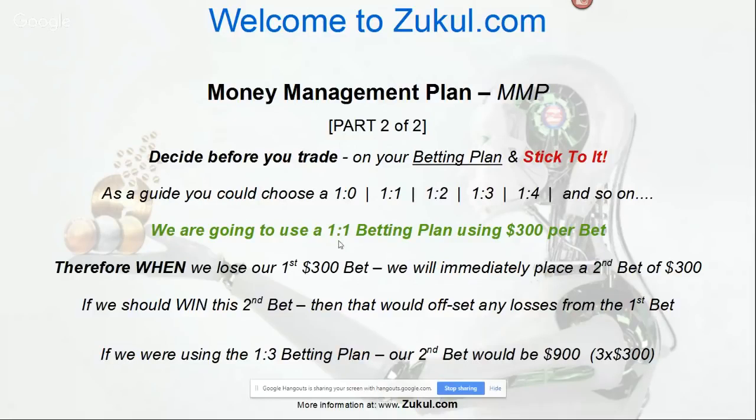So if we're going to be using a 1 for 1 in our betting plan, which is what we're going to be doing tonight, then if we lose our first $300 bet, we will immediately place a second bet of $300, because it goes for a 1 for 1. If we win the second bet, then the value that we get back will offset any losses from the first bet.